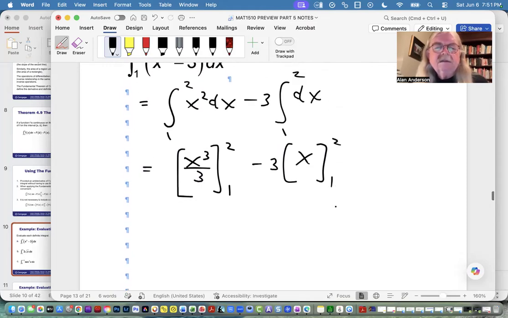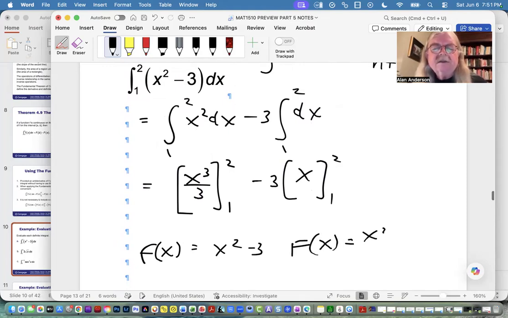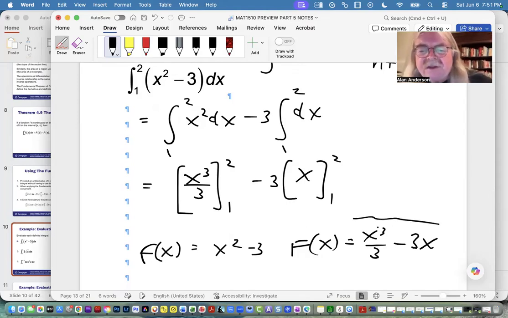So, by the way, I just want to mention here that f of x equals x squared minus 3. Capital F of x is x cubed over 3 minus 3x. Okay, if you were to take the derivative of this expression, you would see that it equals what we have on the left.